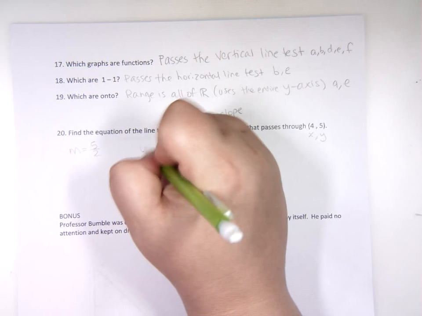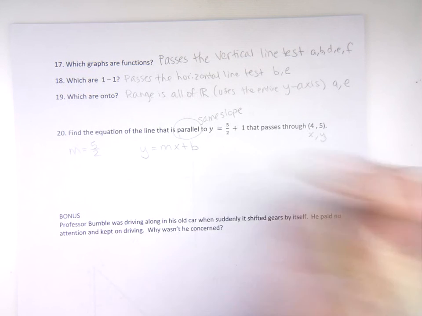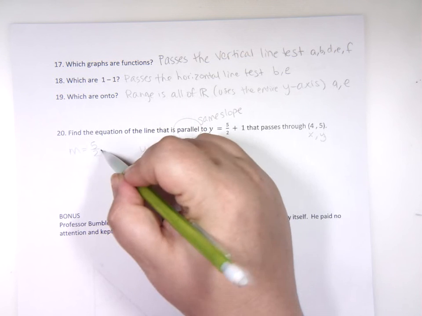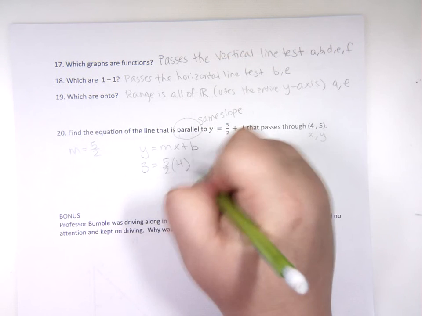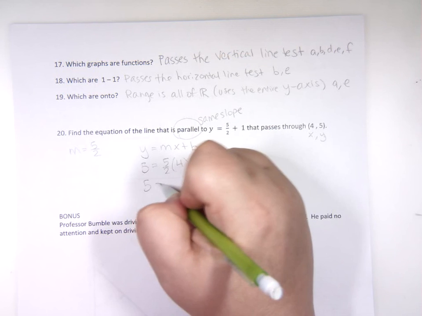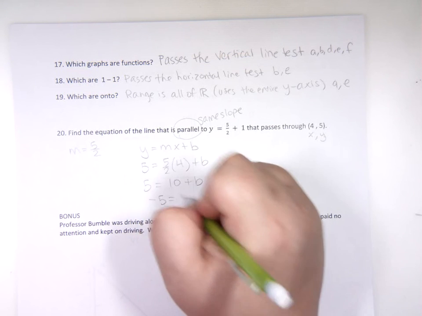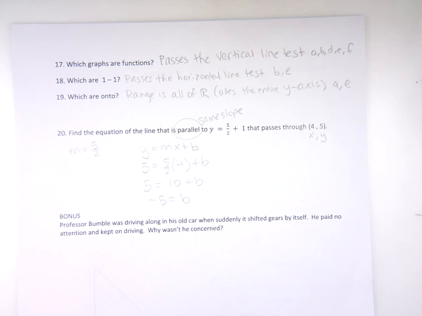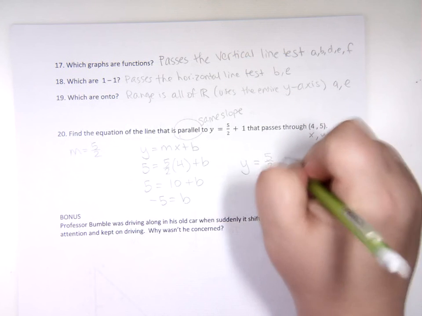We know y is 5. m is 5/2. x is 4, plus b. So we've got 5 is equal to 10 plus b. Negative 5 is equal to b. And so our final equation is y is equal to 5/2 x minus 5. Boom, done.